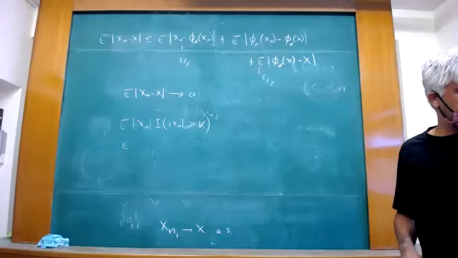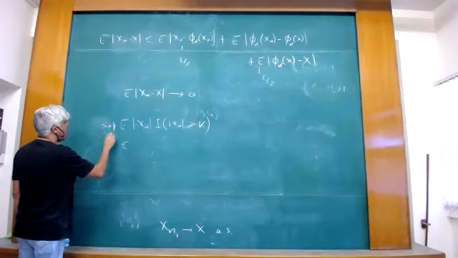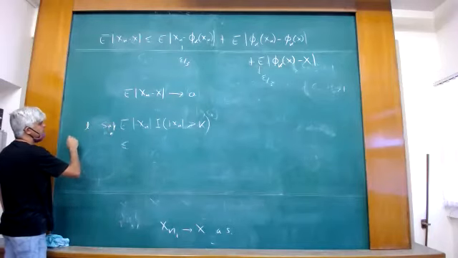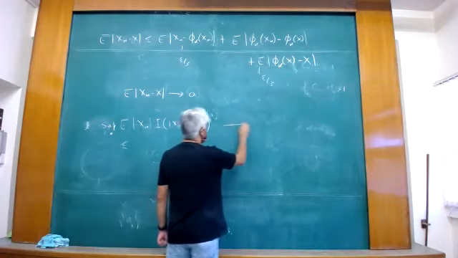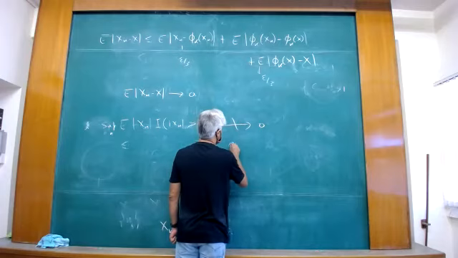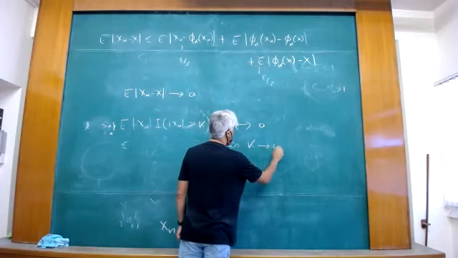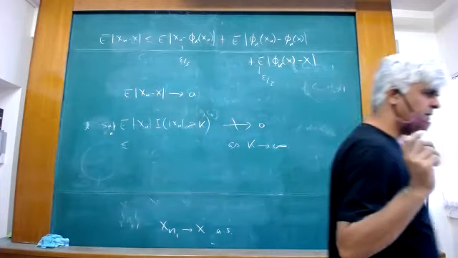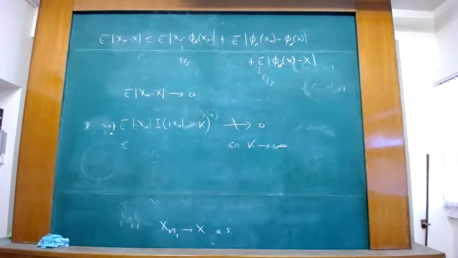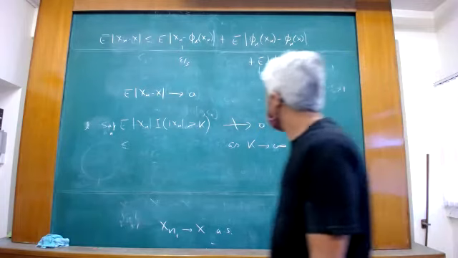Malhar, I think somewhere there is a voice quality issue. But let's just understand. So what we have is this: this is not going to 0, right? So what does this imply? You can choose any epsilon small enough.